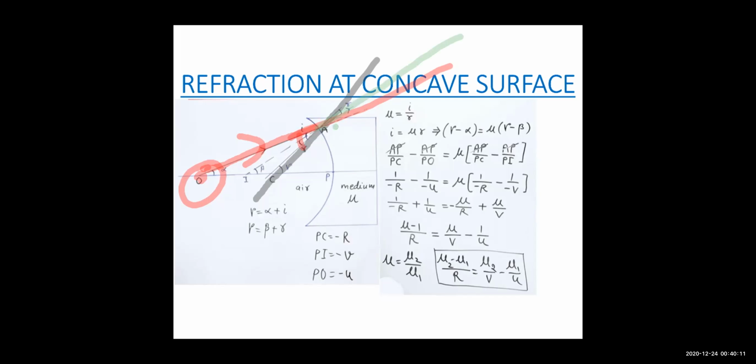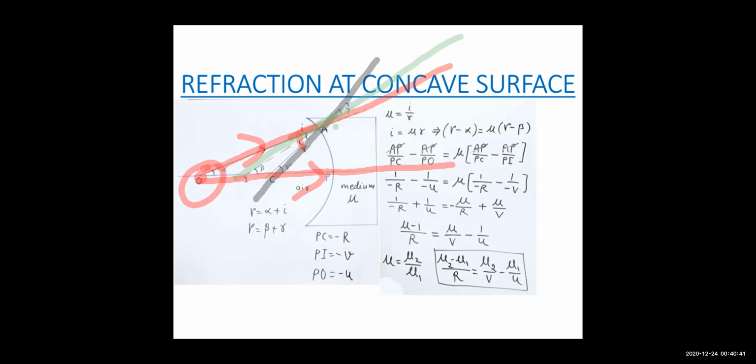Now, if we extend the refracted ray back, it will appear to be coming from point I. And for the image formation we require two rays, right? And one ray we are drawing is along the principal axis, and that incident ray will pass undeviated. It is going to go straight.